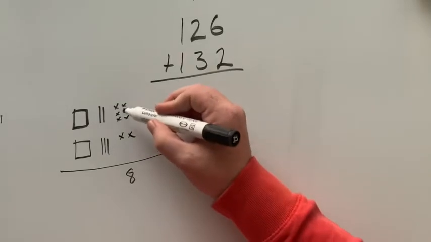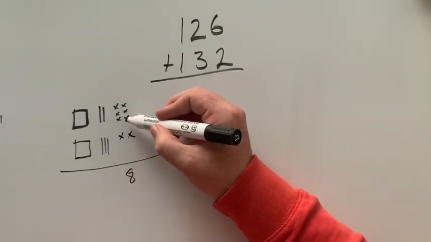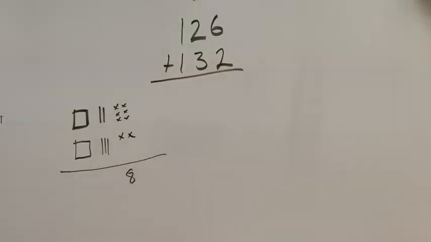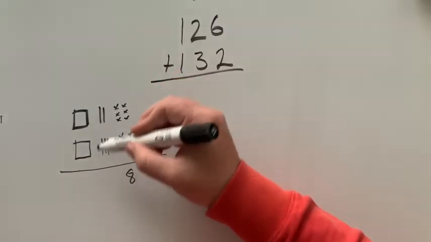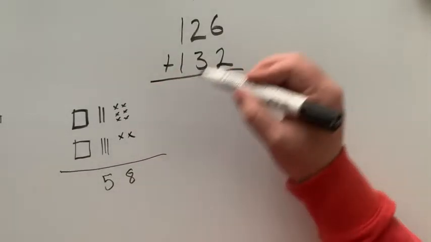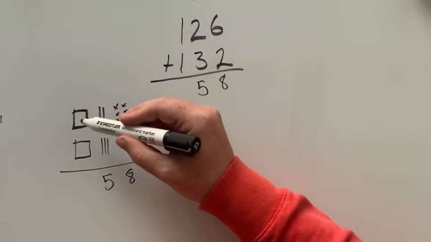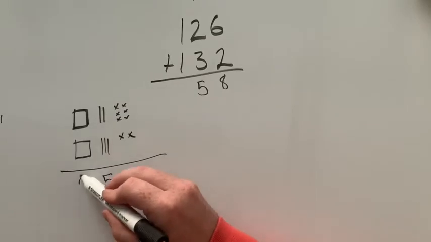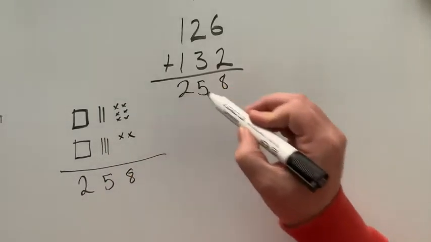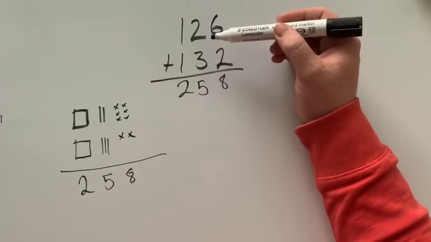And again, you can build that strategy of you count on from the biggest number. Apologies for the drill next door. 2 tens plus 3 tens is 5 tens. And 100 plus 100 is 200. So 126 plus 132 is 258.